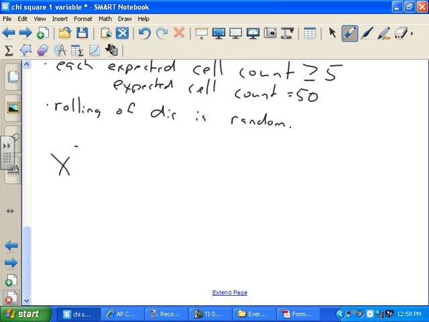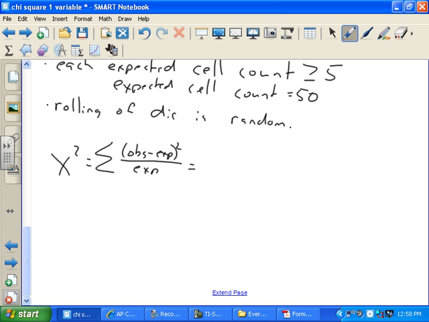Step 6, write it dry and then show me the setup. So chi-square equals the sum of observed minus expected squared divided by expected. And that sums on the outside. There's the dry. Here's how the statistic is calculated. You guys have the data listed.